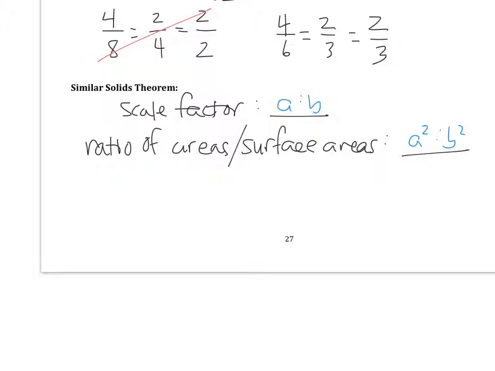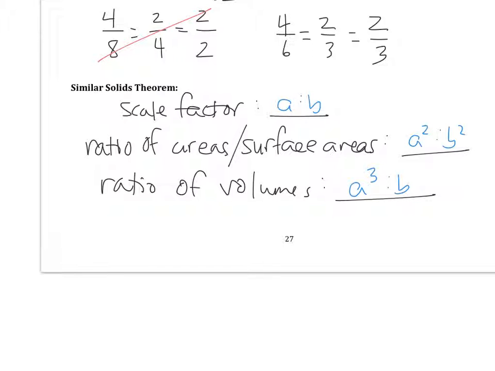And then the ratio of volumes is going to end up being A cubed to B cubed. So that's really the only new thing, that the ratio of the volumes is A cubed to B cubed.